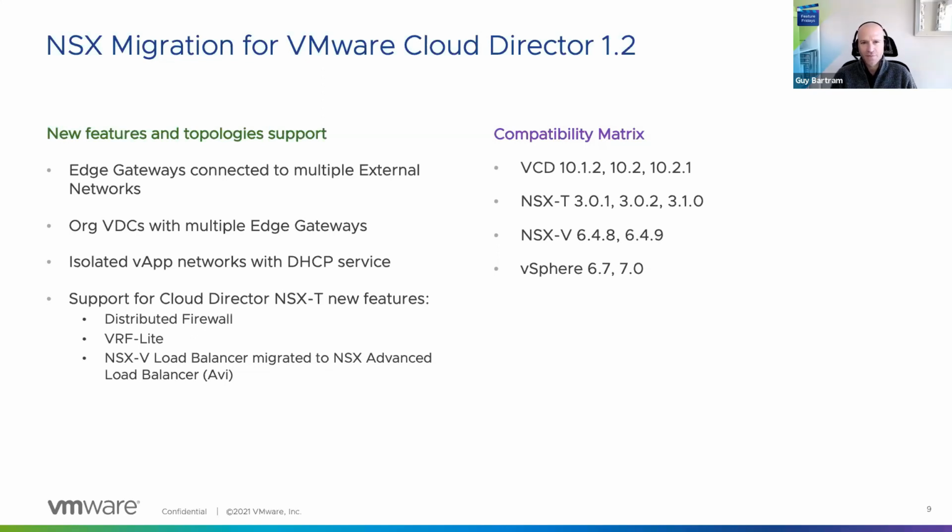Yeah, and we also support the new features that were introduced with VCD 10.2, which are distributed firewall on NSX-T, VRF support, and we also migrate NSX-V load balancing directly to NSX Advanced Load Balancer, the Avi product. Okay.